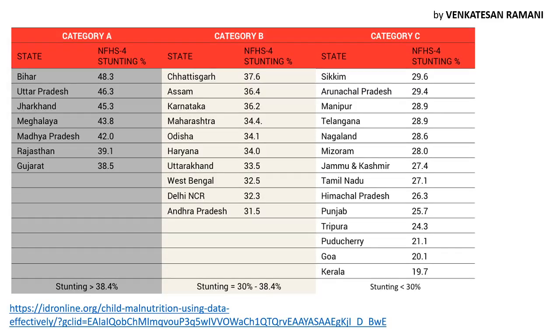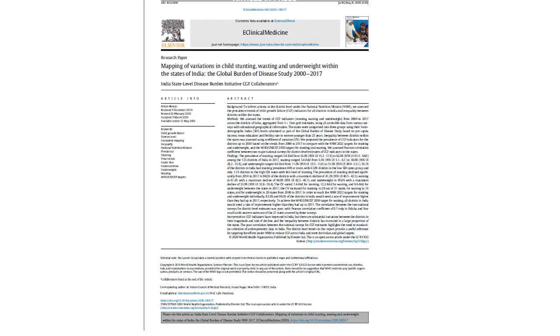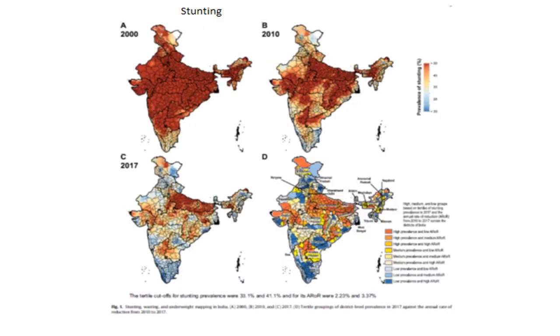When we talk about India, you can see different rates of stunting in different states, and you can find the information in the latest big statistical research, where the authors analyzed the spread of wasting and stunting in different states of India from 2000 to 2017, and you can see a very good improvement.